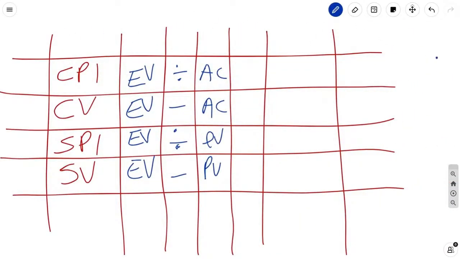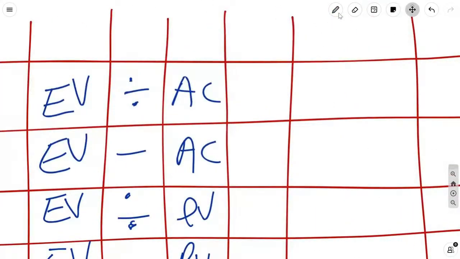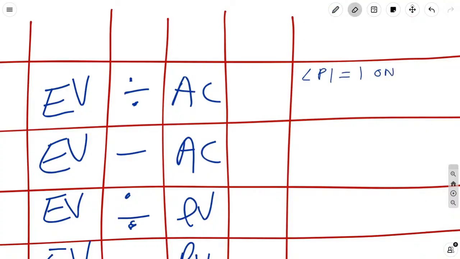So when it comes to the indices and for cost, you say if it's a CPI equal to 1, you are on target.